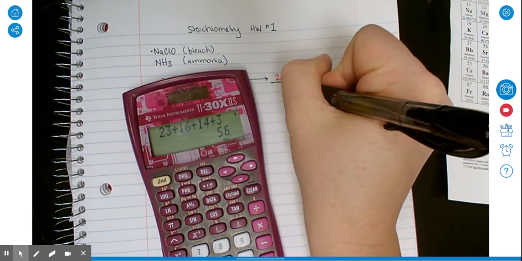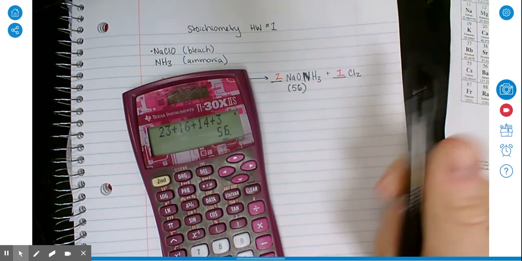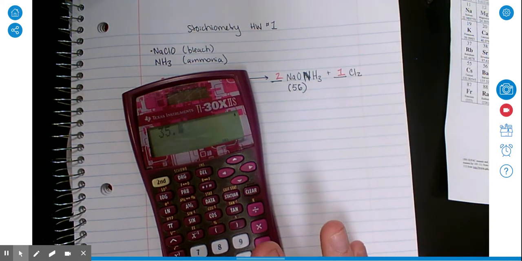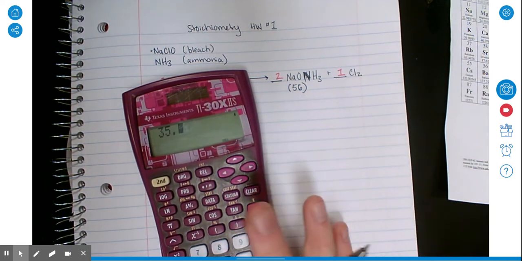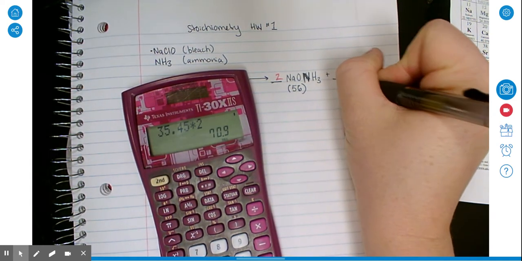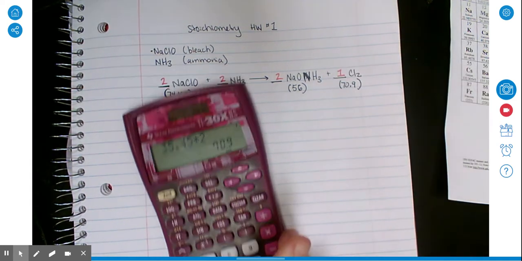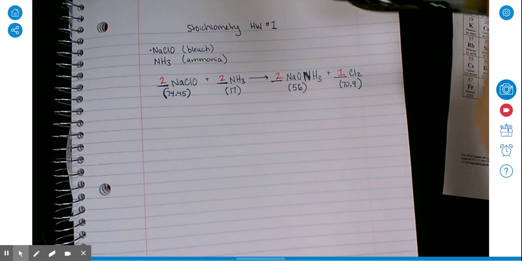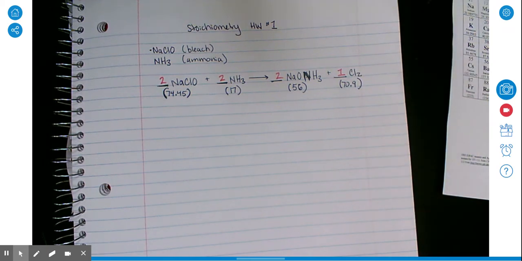So that has a formula mass of 56. Cl2, chlorine has an atomic mass of 35.45, so a formula mass of 70.9. I would figure out the formula masses right away just so you have them. Equation, common names, formula masses, we are ready to start.